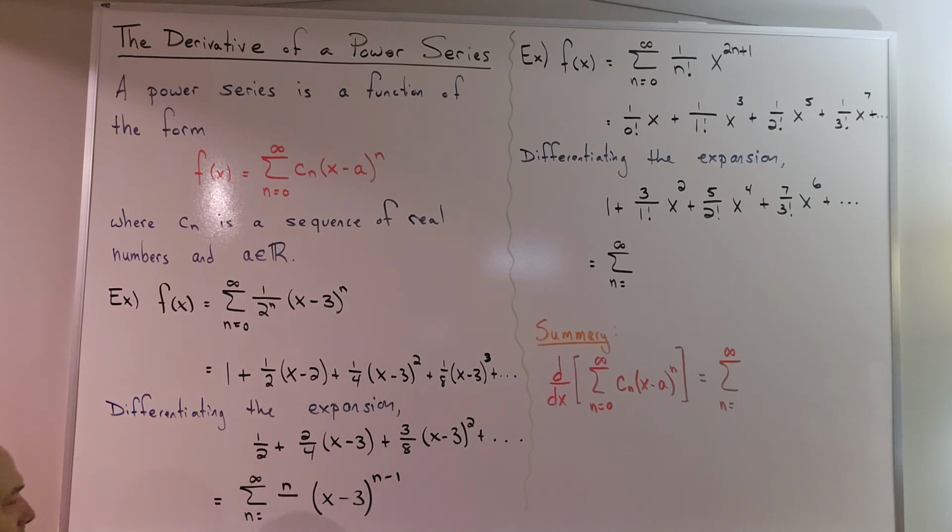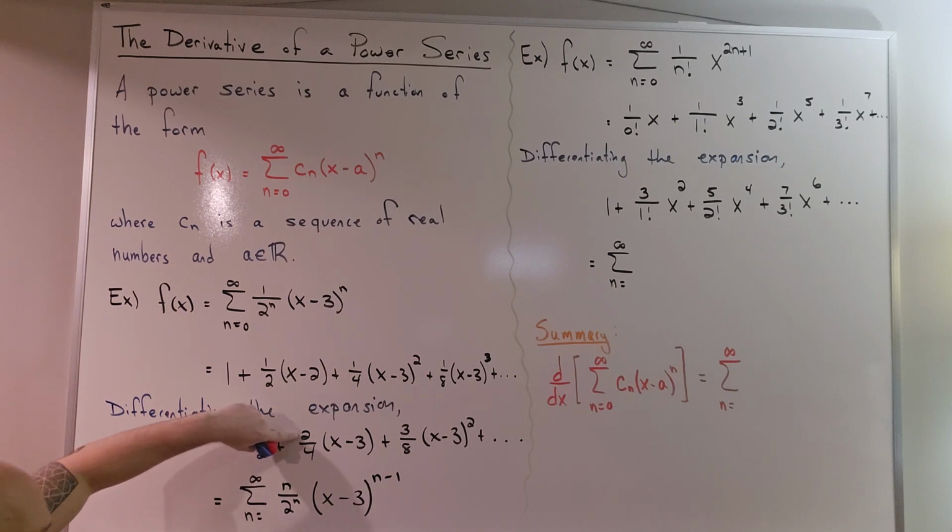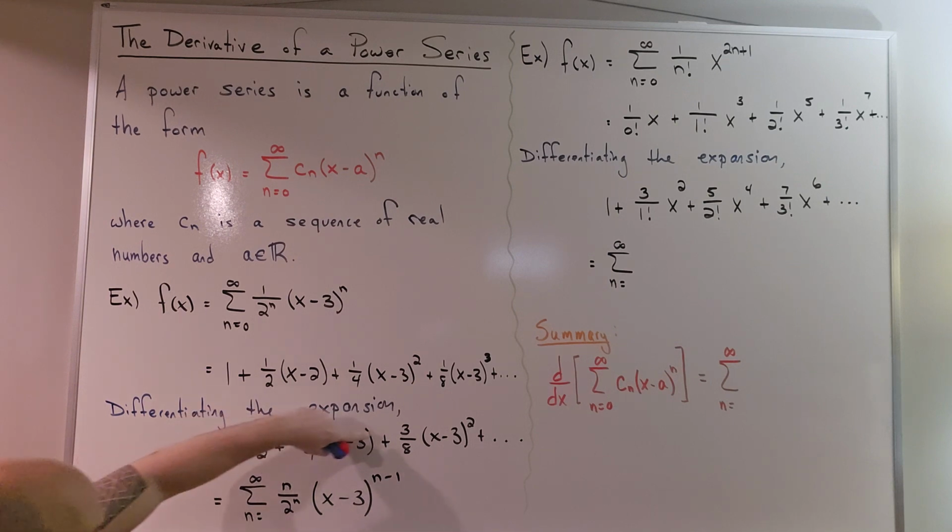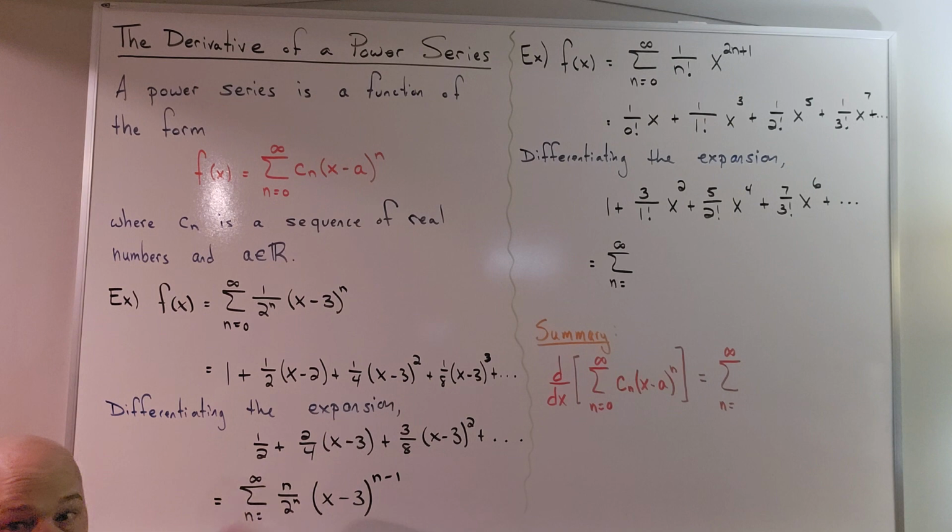And then what about the denominator? Well, 2, 4, 8, those are all powers of 2, meaning I'll write this as 2 to the n. Notice if n is 2, that'd be 2 over 2 squared, 3 over 2 to the third, so on and so forth. Now let's look at the initial index value. Where does this start?